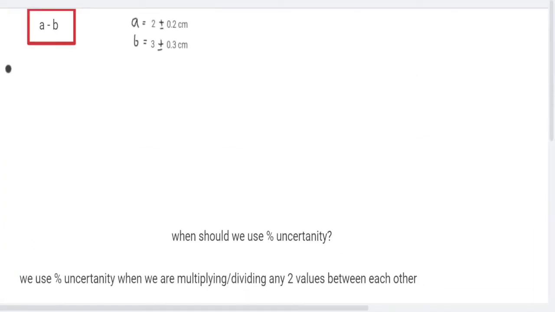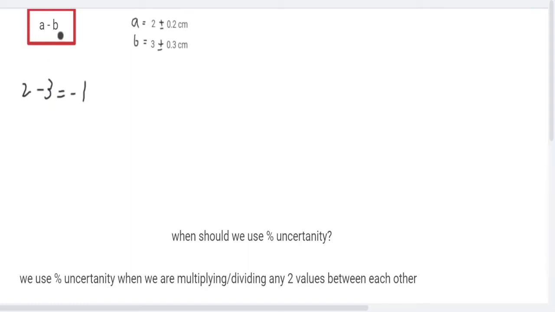Let's do this final absolute error, which is A minus B. I will first solve the measurement ones, which is 2 minus B being 3, and I get my final measurement as negative 1. Now, how do I solve for errors? I told you earlier that errors will add up with each other. They would not subtract.